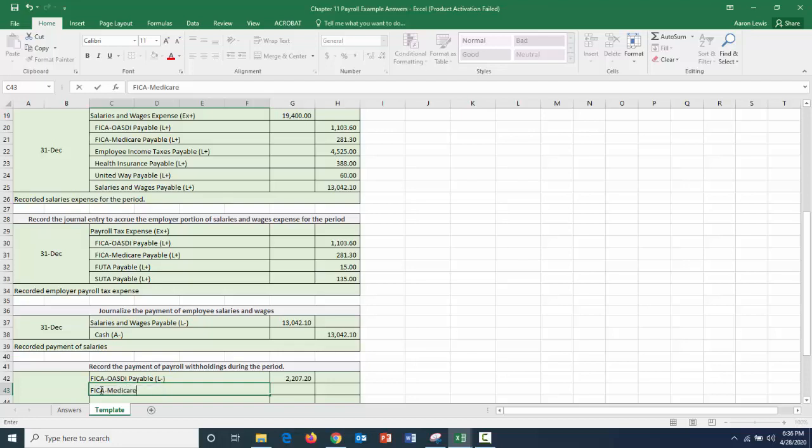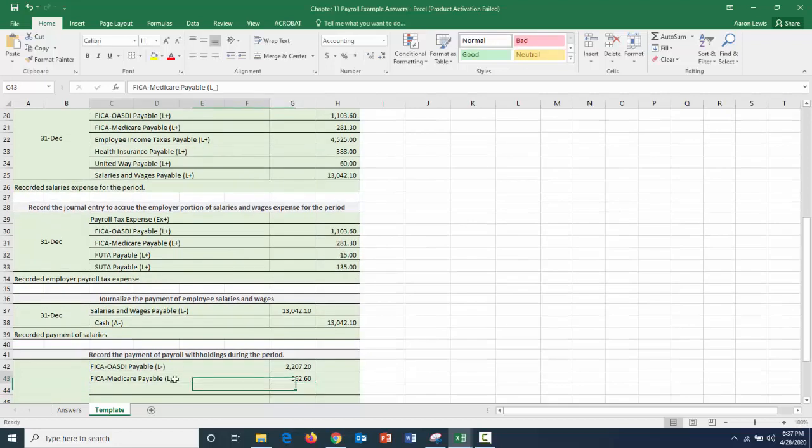For Medicare payable, that is going to be equal to the $281.30 that was taken out of employees' paychecks plus the $281.30 that we had to match. And that's a liability going down. Next up, let's roll through what we had in the employee portion. We had employee income taxes payable.